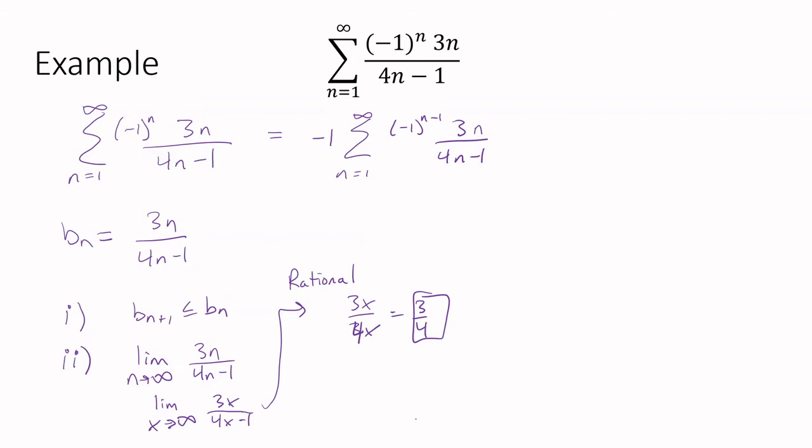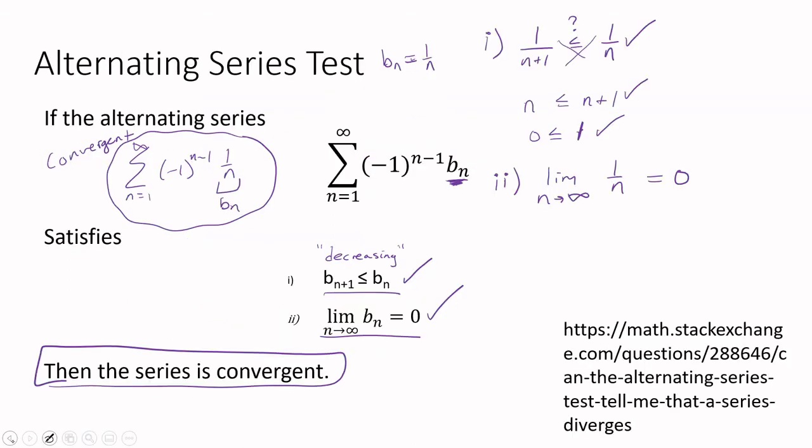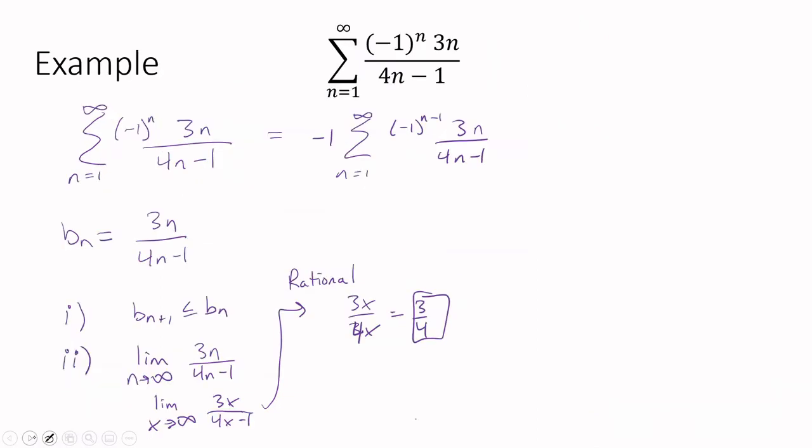So the limit of just the b sub n is 3/4. Does that fit my test? No, it does not. So in this case, the alternating series test does not apply.